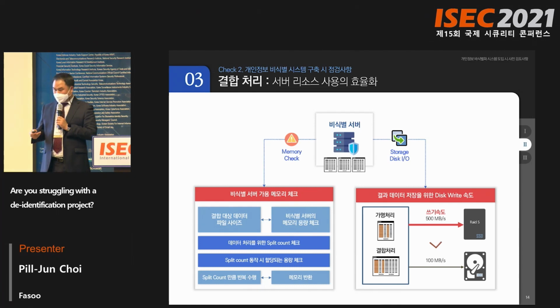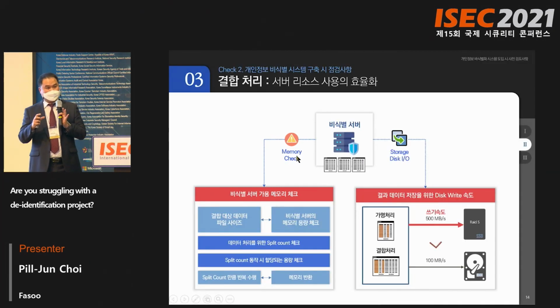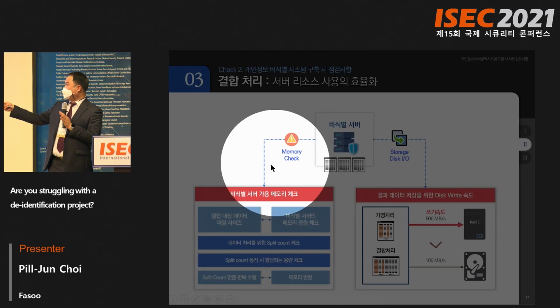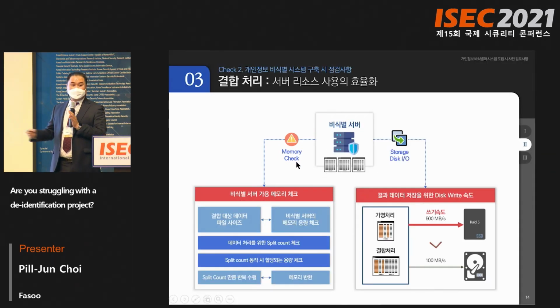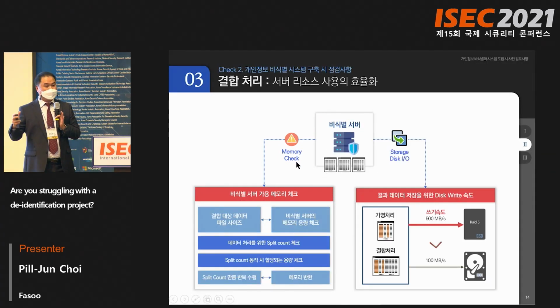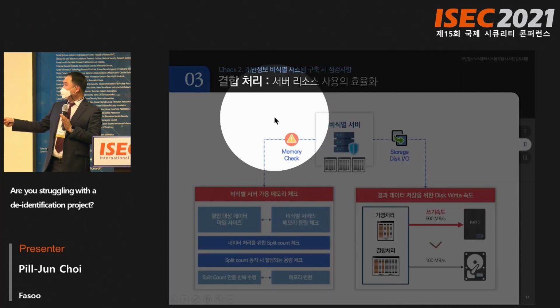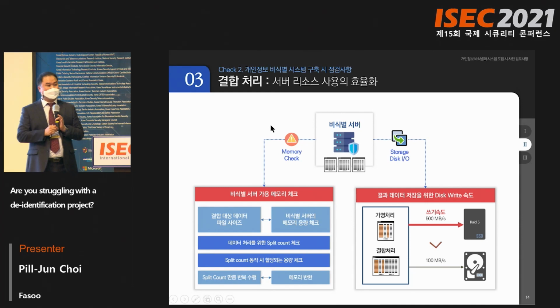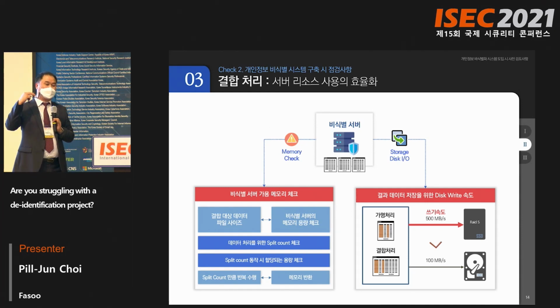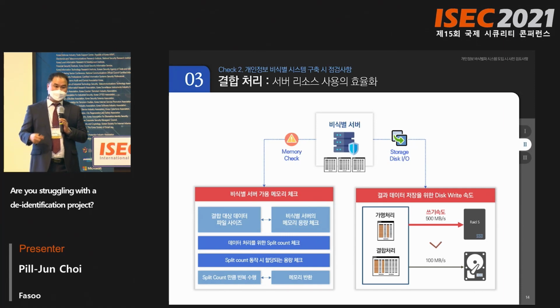So you upload the files to be combined at the memory level. If memory is 100 gigabytes, but the output may be 200 gigabytes, then you cannot upload all the data on the server. Otherwise, the server will be taken down.